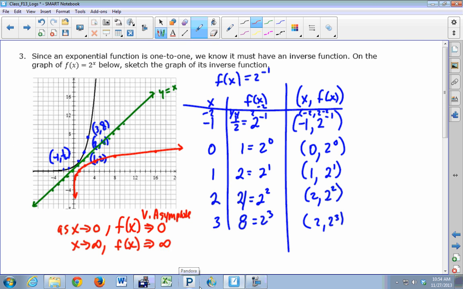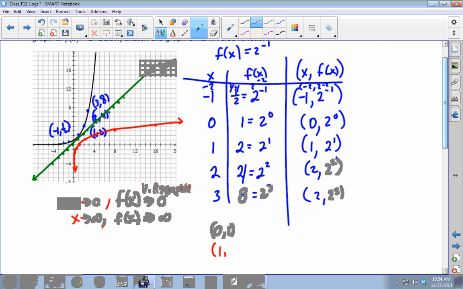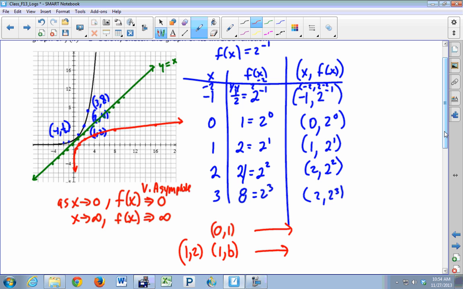Okay. So what else do we want to talk about? What are the key points on your logarithmic function? On our exponential function, it looked like this, which is (1, 2) in this case. So now when we go to the inverse, we want to make sure that (1, 0) is on that function, because then we'll know it's, well, I can't tell you the name of the function yet.